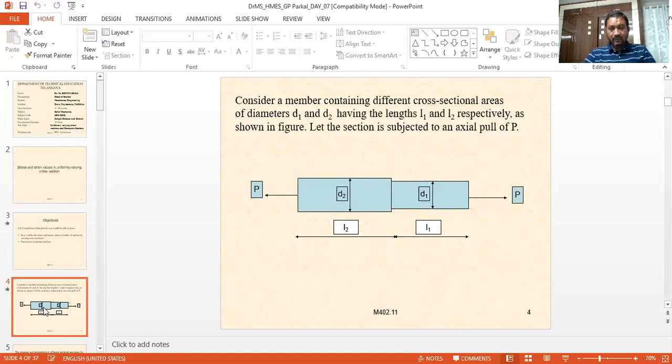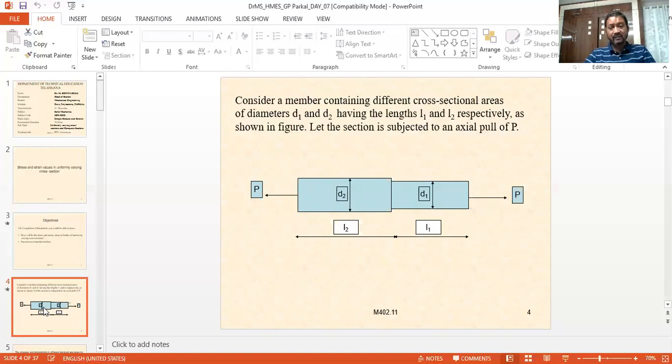Sometimes this kind of example is required in engineering applications. In that case also we are supposed to find out the stress value and strain value at different sections and also the total elongation of the bar by considering the different sections.